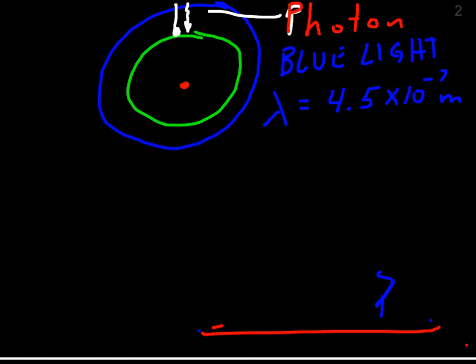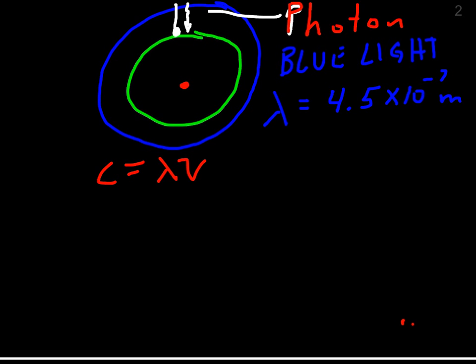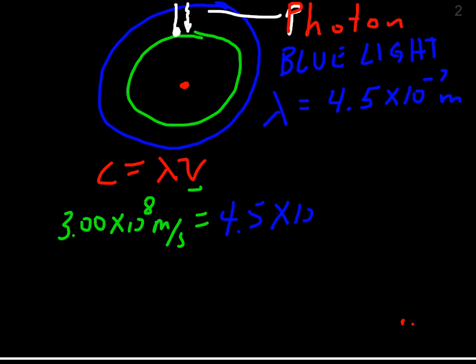Okay, so I know what the blue light is: it's 4.5 times 10 to the minus 7th. I better hurry. What I'm going to use first is c equals lambda nu. I'm going to solve for the frequency, so I set this up: 3.00 times 10 to the 8th meters per second equals the blue light wavelength, which I noticed when that electron fell back down, in meters, times the frequency.